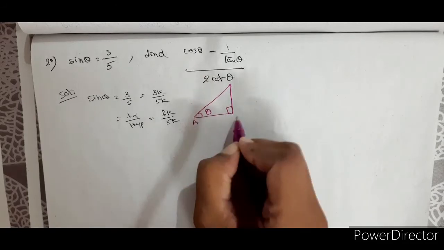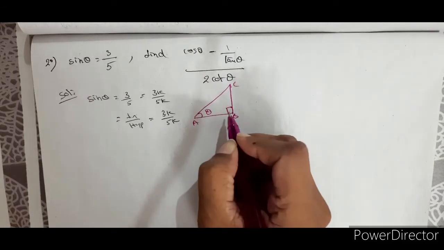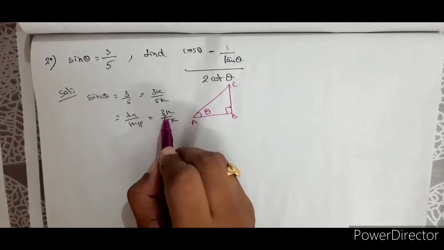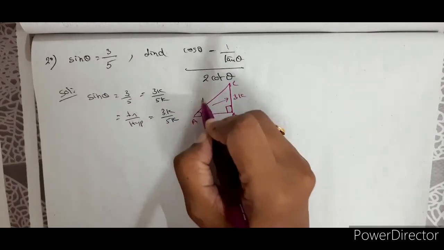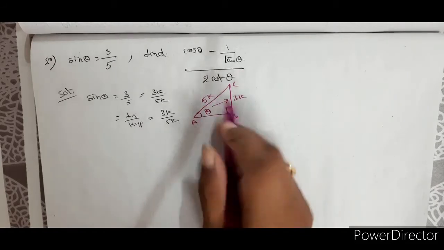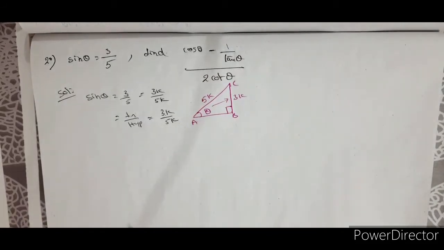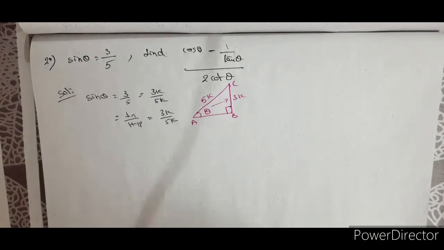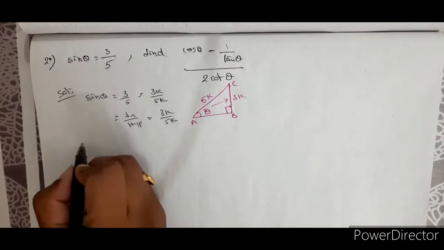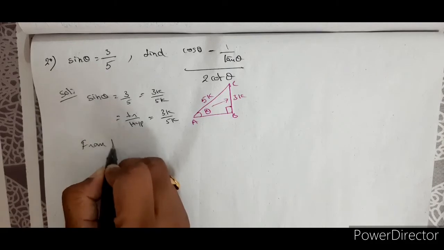Let me take it as ABC. So in place of the perpendicular, that is the opposite side, you have 3k, and in place of hypotenuse you have 5k, and we know from Pythagorean triples you will be getting 4 here, so obviously it will be 4k, but you can't directly write it down, so you should write these steps.